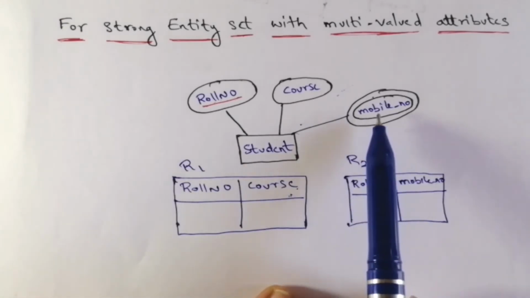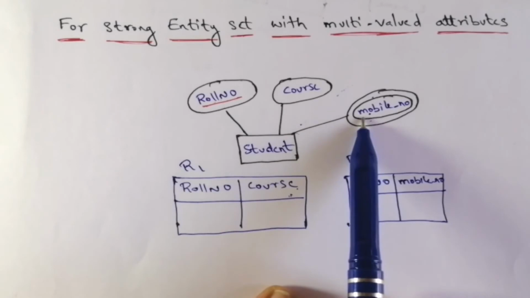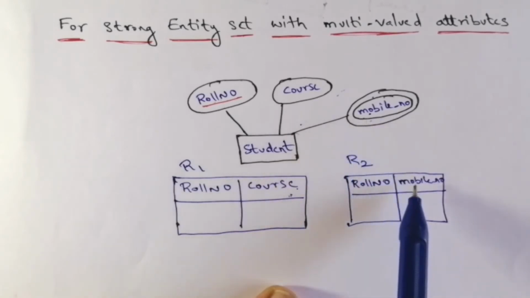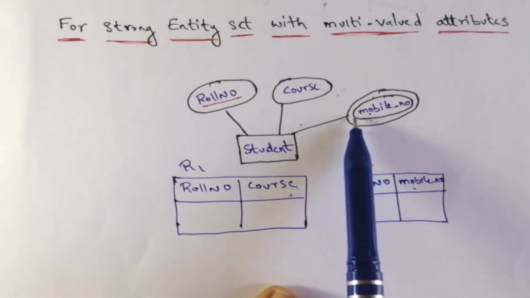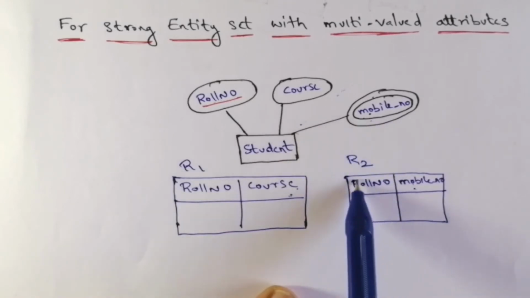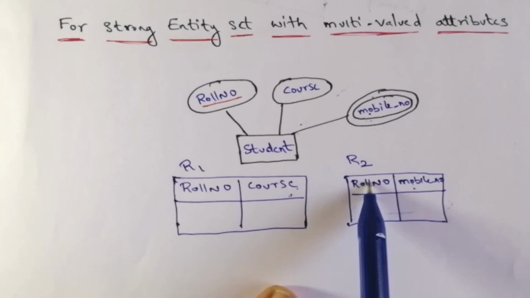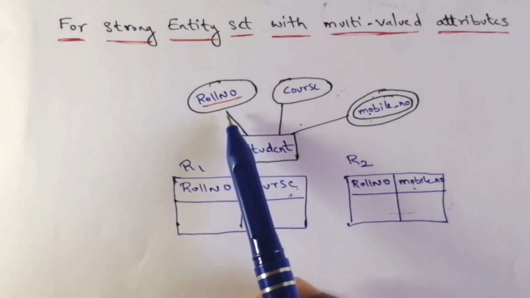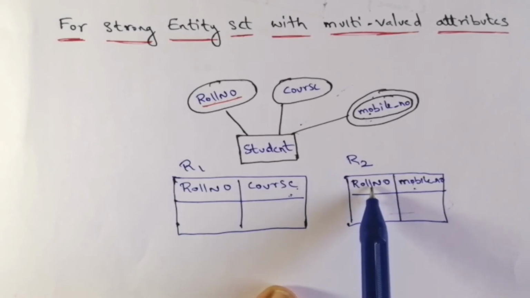The point is, the multi-valued attribute should be taken separately. So mobile number is what? It is the multi-valued attribute. This multi-valued attribute should be taken separately in a relation with the primary key. So what is the primary key? Roll number. So roll number has been taken here.